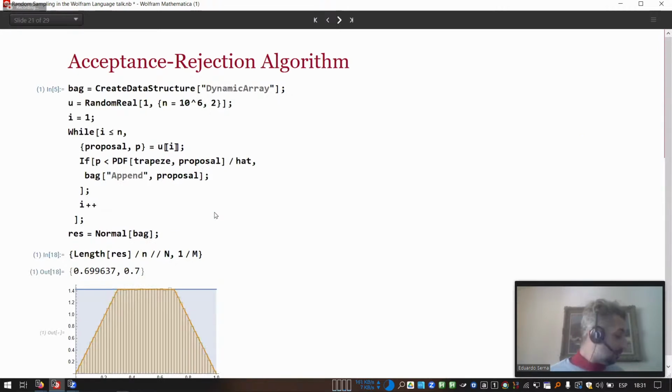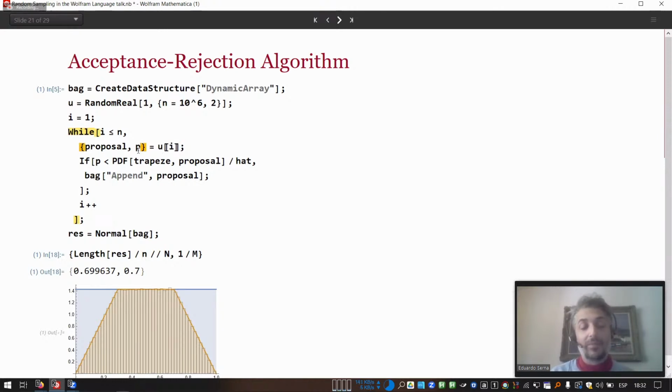And let's write a very simple algorithm that I can show here. We generate again 10 to the 6 pairs. We're going to use this dynamic array just to store the accepted proposals. And what we do in the algorithm is we just specify a proposal, which normally would not be a uniform, but would be a sample from this hat.